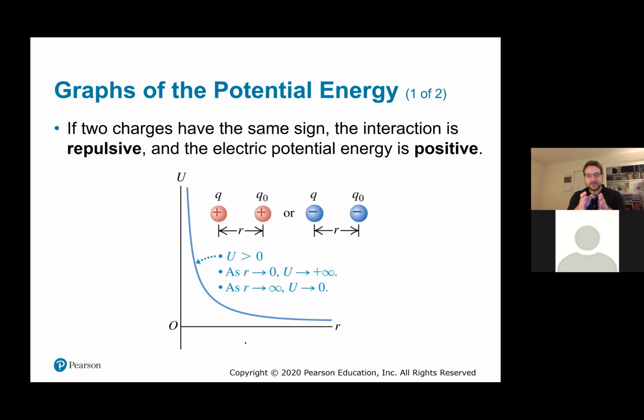There's an equilibrium separation, and we looked at a potential energy diagram, kind of like this one. The difference was that there was a minimum, and then we asymptotically got to zero.